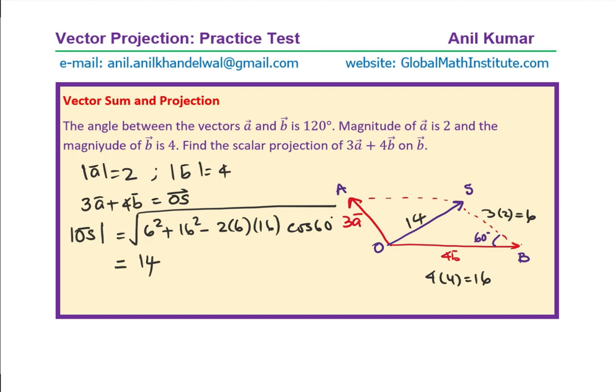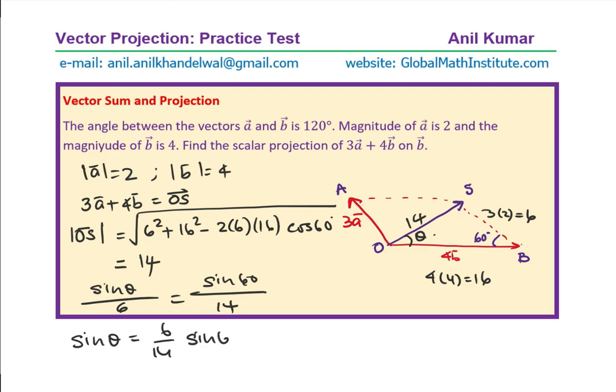Now once you find this length O to S as 14, we can find the angle theta using sine law, correct? So we can say that sine theta over the opposite side of 6 should be equal to sine of 60 over 14, and that will give us sine theta equal to 6 over 14 times sine 60, and we can find this value, correct?